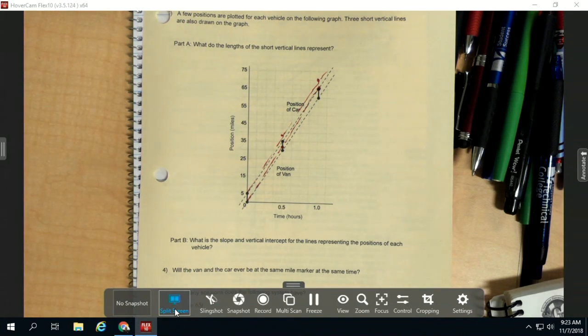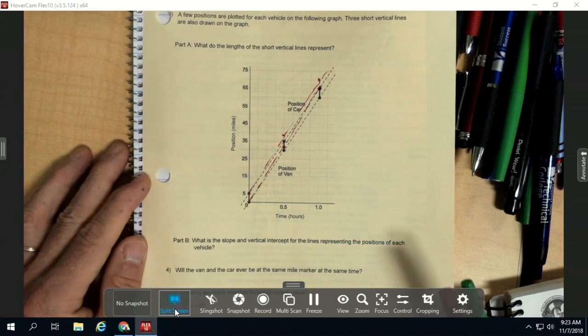And then at the end, the van was at the lower dot. The car was, at the upper dot, 5 miles ahead of it. So their lines, while they are always 5 apart, they don't have the correct slope. So correct those.